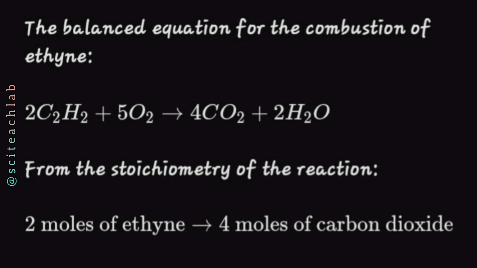So we're going to close our eyes to other species, that is O2 and H2O, and open our eyes to only the species that we are looking for and the one we are given. So we are concentrating on C2H2 and, on the product side, CO2, because we are asked to use ethane C2H2 to find carbon dioxide CO2.